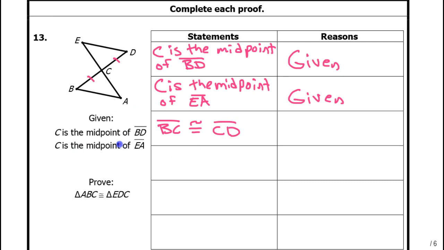Because C is the midpoint of EA, that means that segment EC will be congruent to segment CA. The reason for both of those will be the same. That's the definition of midpoint.